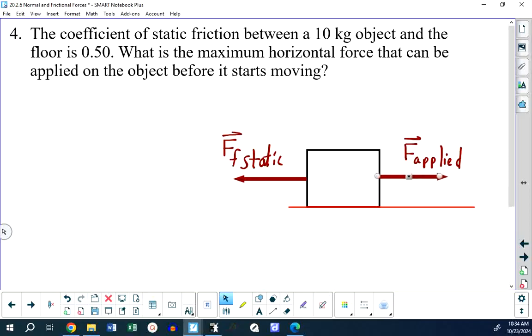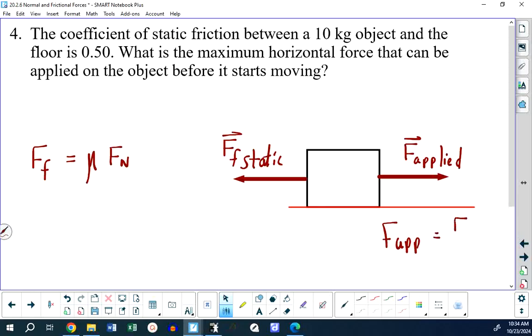In this case, when you look at this formula, force of friction equals mu Fn, and I'm going to leave the vectors out of it. You're asked what is the maximum applied force that you can apply? Well, that's the same as asking what's the force of static friction.